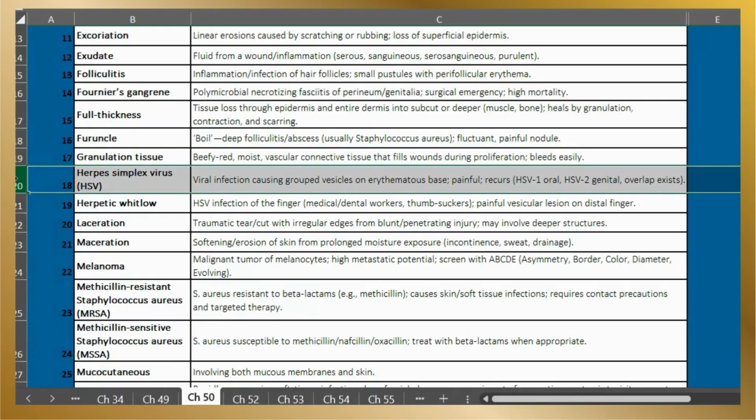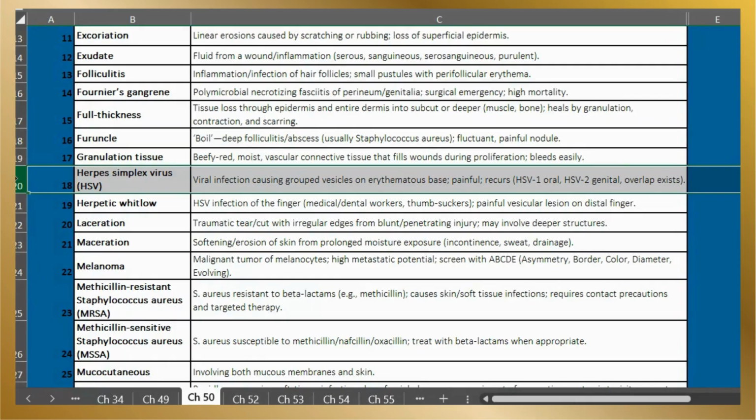Herpes simplex virus is a viral infection causing grouped vesicles on an erythematous base, painful, and it recurs. HSV 1 and 2, where H2 is genital, and an overlap exists.